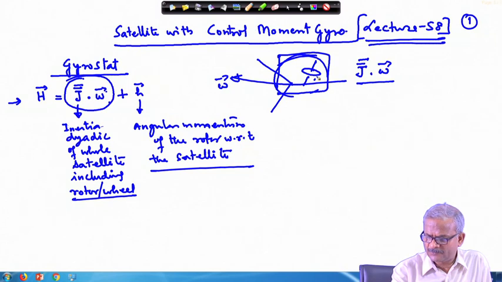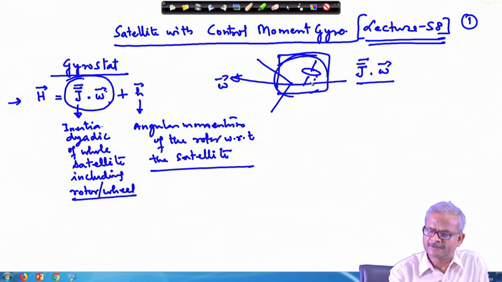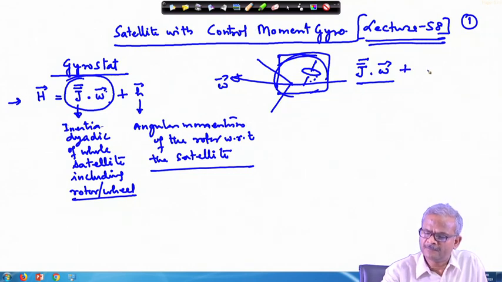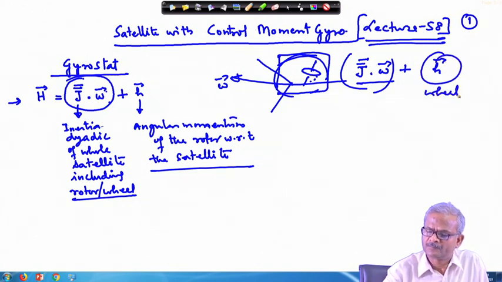In this case, we are assuming that this wheel is not rotating. If the wheel is rotating with respect to this satellite, you need to add one further part. So, this is one part and another part is for the wheel with respect to the satellite.